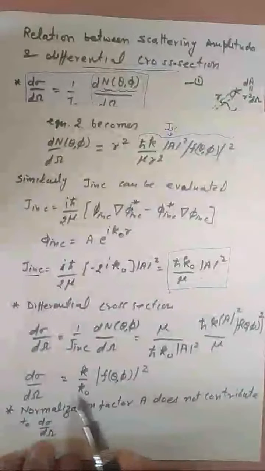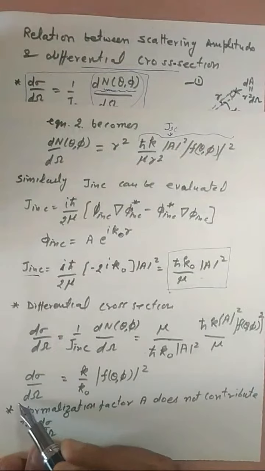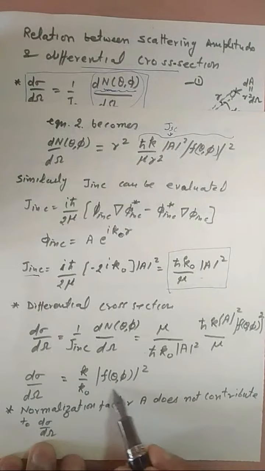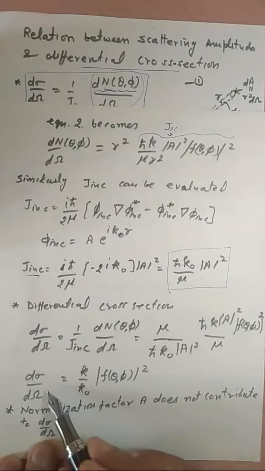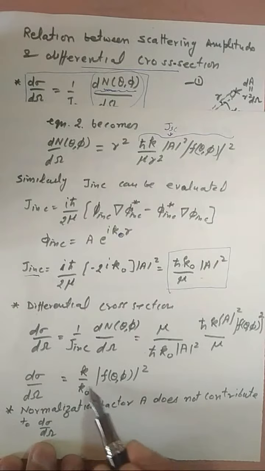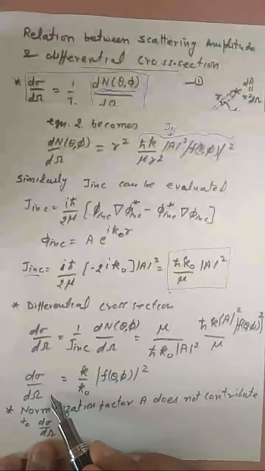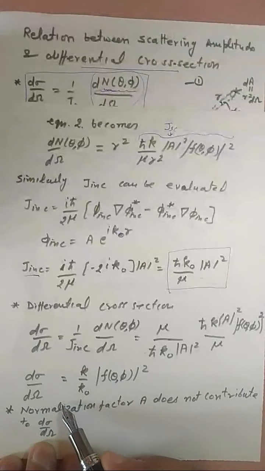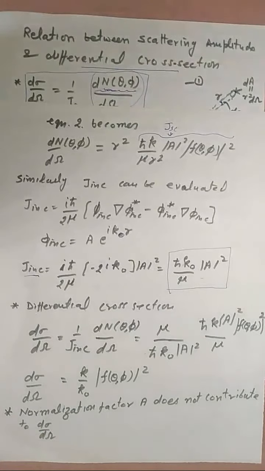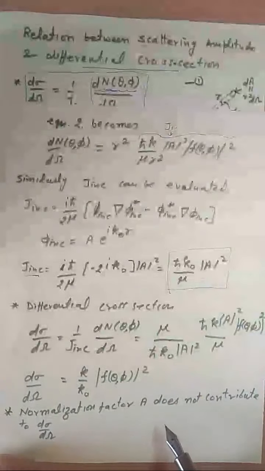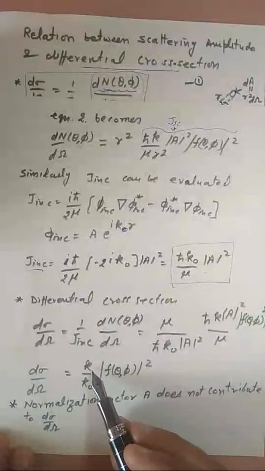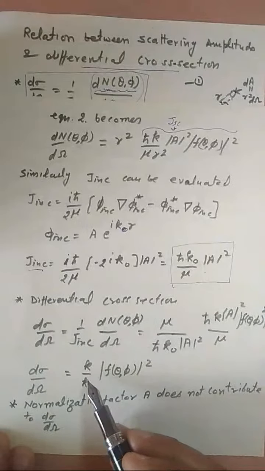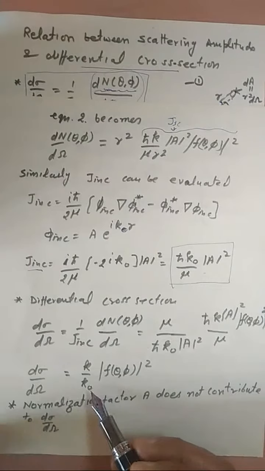Here you can see that this is the differential cross-section and this is the scattering amplitude. So this shows that the differential scattering cross-section is independent of the normalization factor. It depends on k, the wave vector for the scattered wave, and k naught, the wave vector of the incident wave.